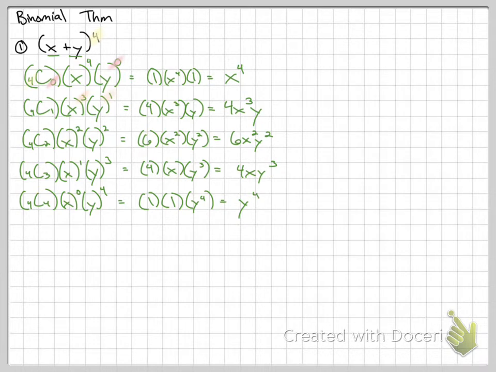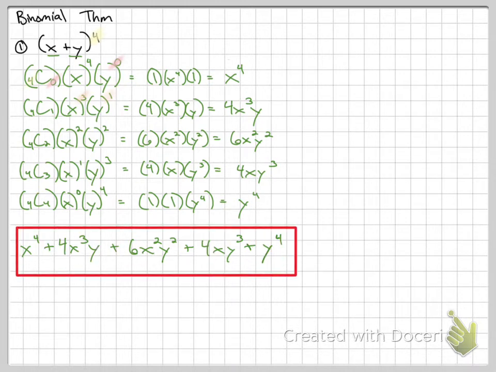So if you did all those area diagrams, you would get x to the fourth plus 4x cubed y plus 6x squared y squared plus 4xy cubed plus y to the fourth. We expanded using binomial theorem. Notice in this problem it was just x's and y's, there were no coefficients, and also it was positive, right? Let's add some harder terms in our next example.